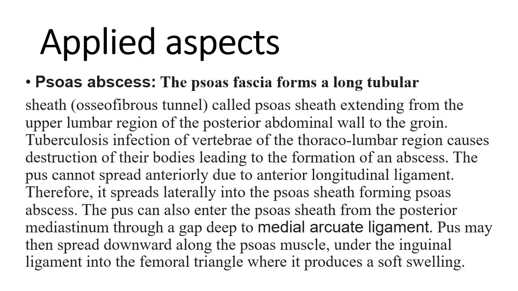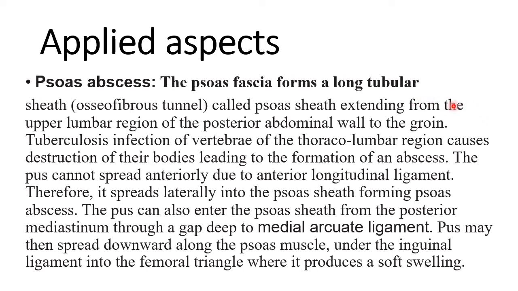So what about the applied aspects of the fascia iliaca? The psoas abscess, or psoas fascia abscess, is caused by tuberculosis infection. During tuberculosis infection, the Mycobacterium tuberculosis bacteria can break down the walls of the bronchopulmonary segments, and this infectious fluid extends outside the lung and enters into the costodiaphragmatic recess of the pleura.